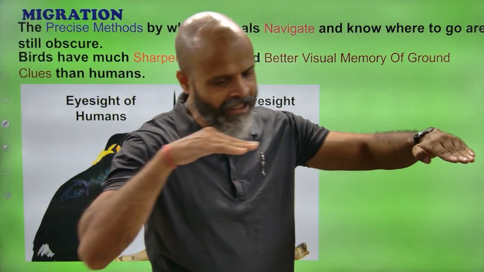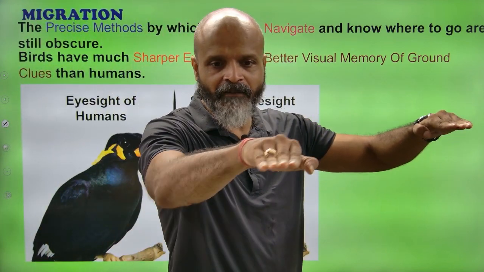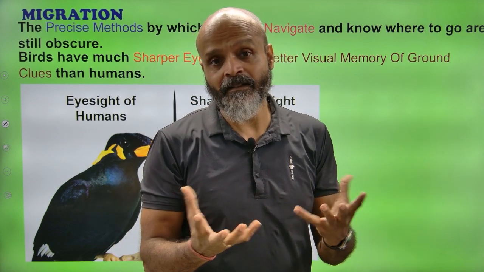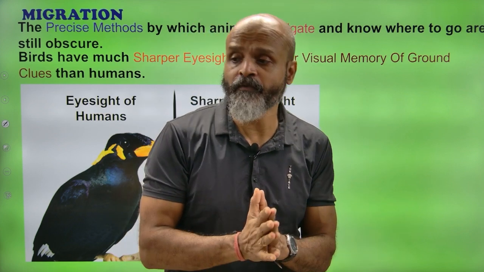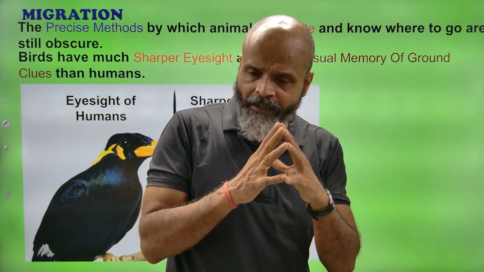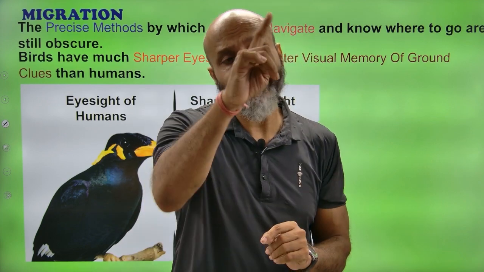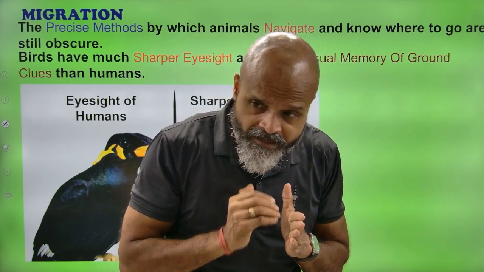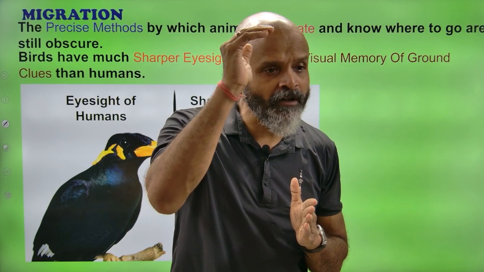If they have to reach here, they will definitely reach here. That is something that is still not understood by most biological scientists. How birds, how whales, how the migratory animals actually find out their destination. How they are able to travel along the same path and reach the same spot year on year.